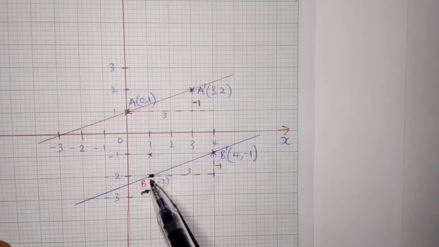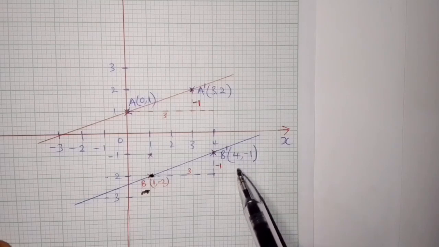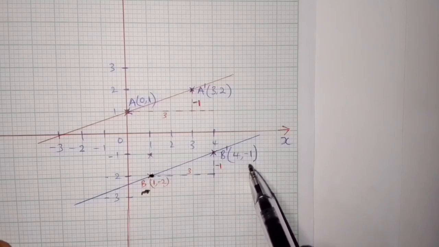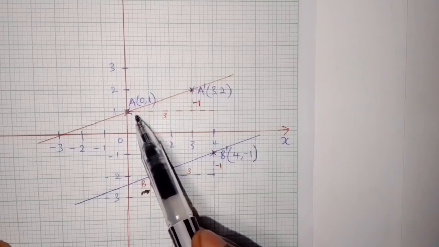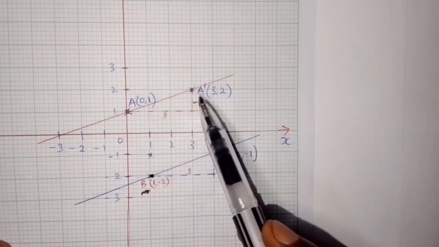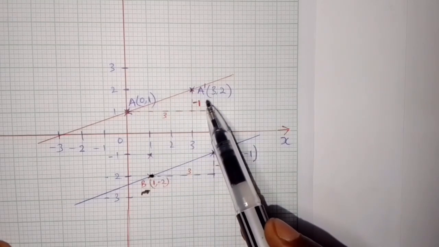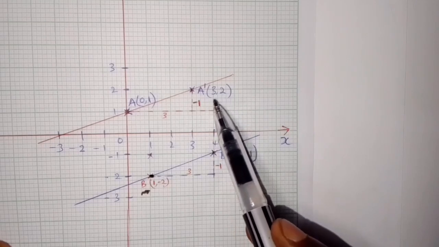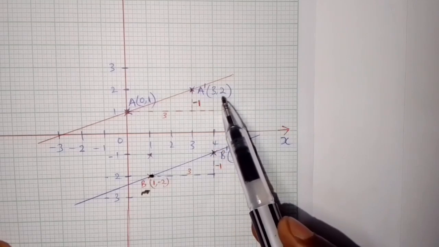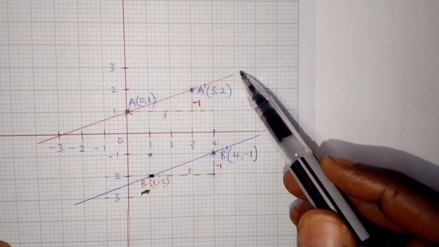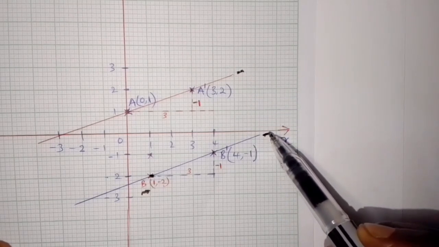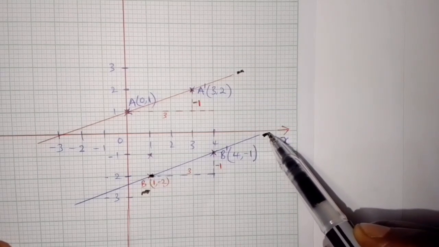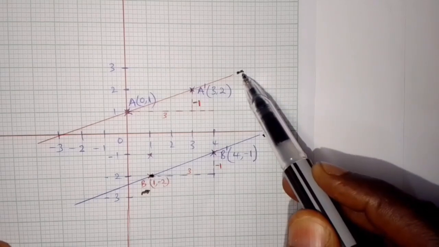So this B is the one that has been translated to B prime, that is (4, negative 1). Point A we have been given (0, 1) has been translated into point A prime, that is (3, 2). So we are using the same translation as for this one.